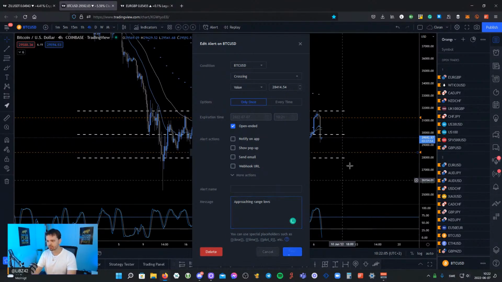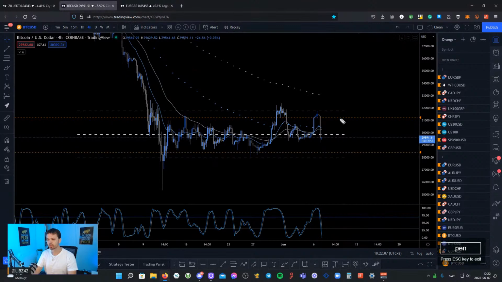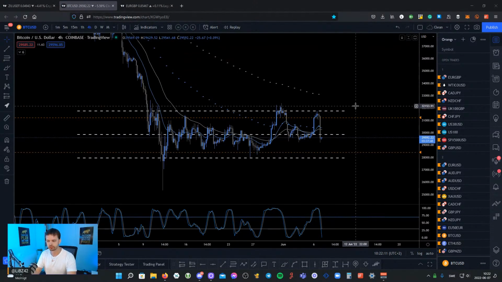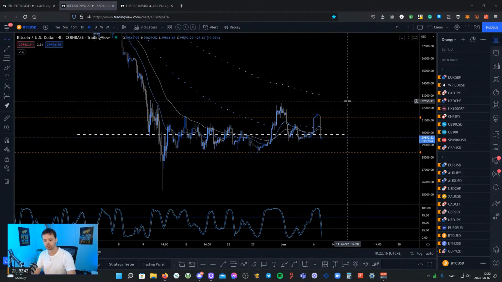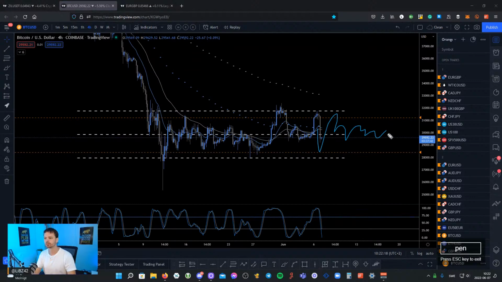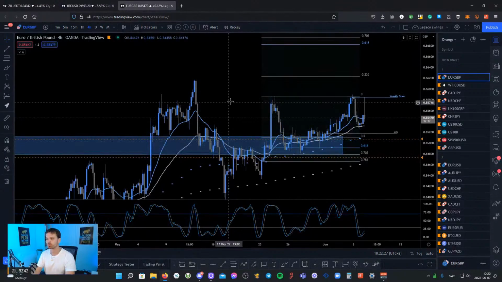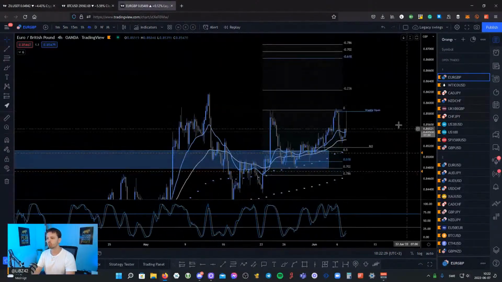And why I have these two alerts is because whatever happens in between these two levels, I do not care. There's not going to be a trade for me in the crypto market if Bitcoin just keeps on moving like this. So unless those alerts go off, I don't care about the altcoin market or crypto in general. So that brings us over to the Forex market, where there might be some more opportunities.